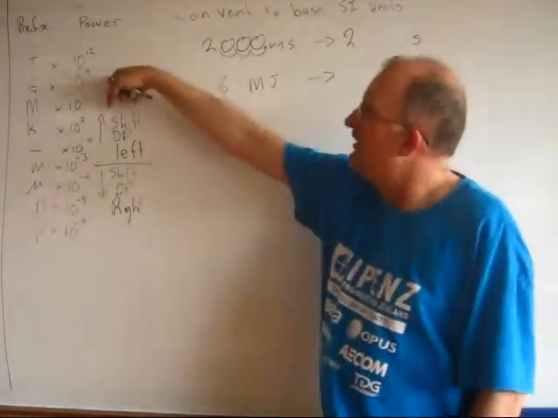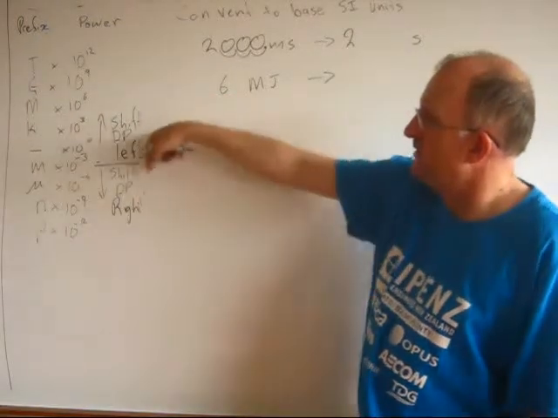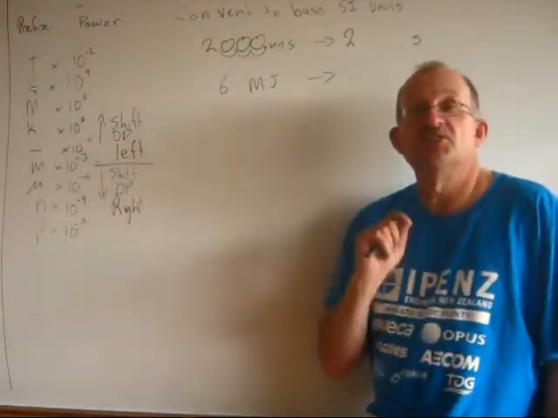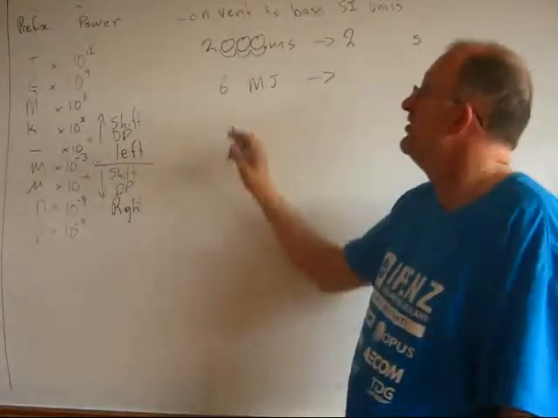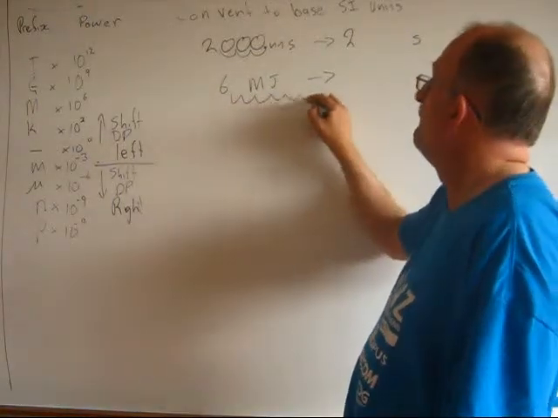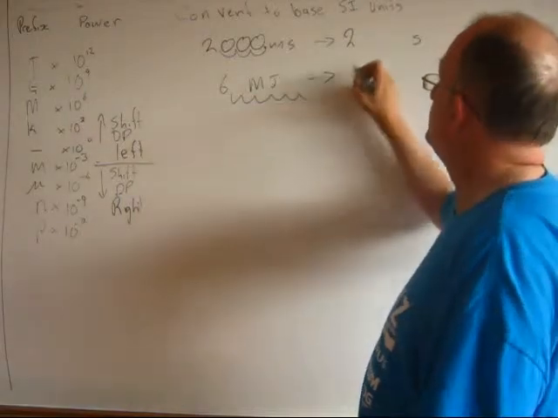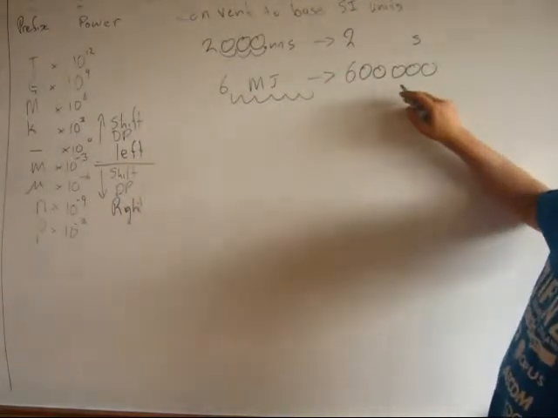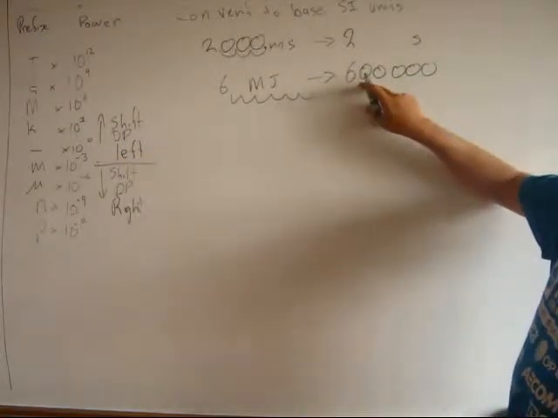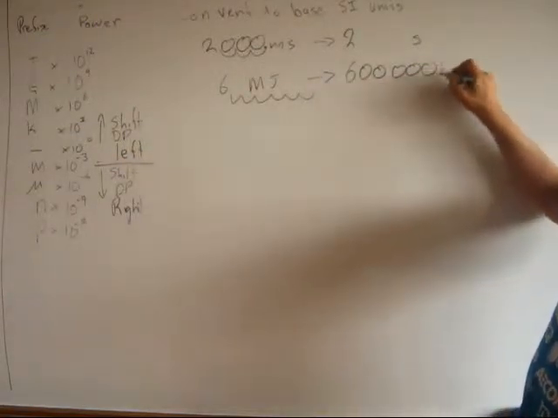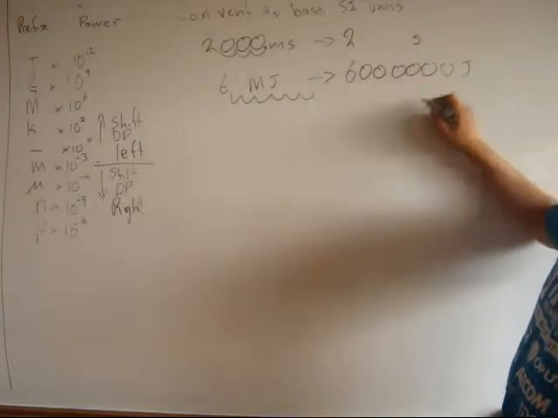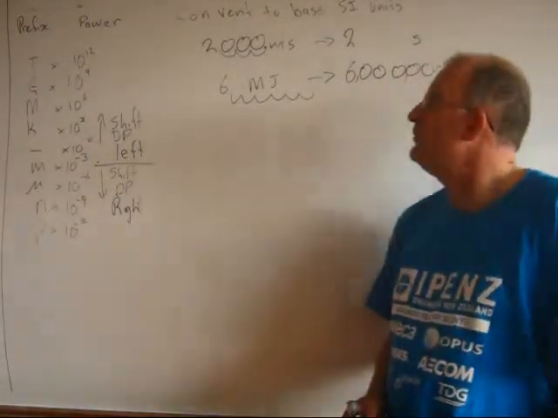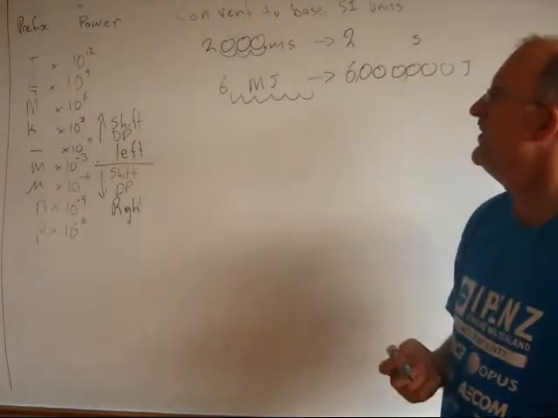I'm going from big to smaller, so I shift the decimal place 6 places to the right. 1, 2, 3, 4, 5, 6. That's 6 million joules.